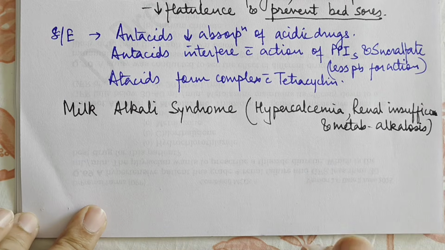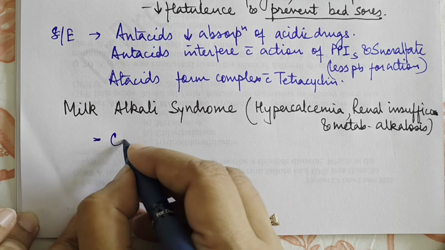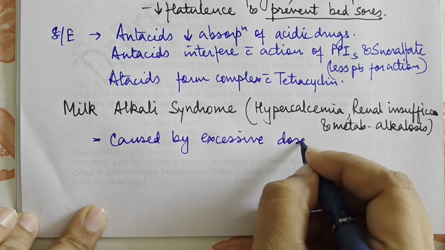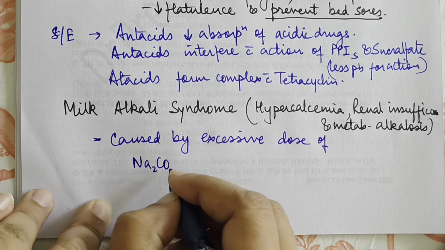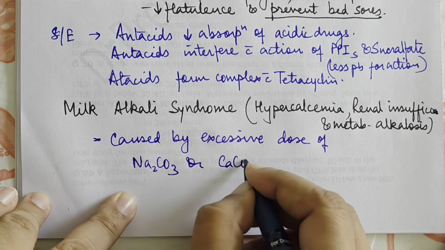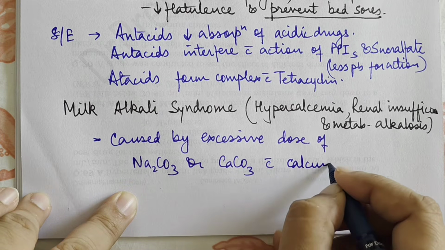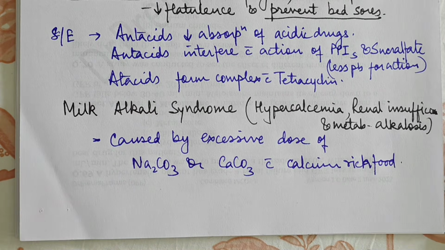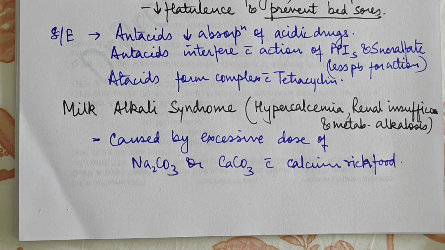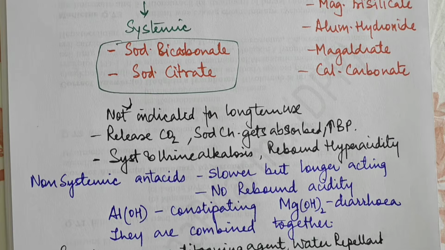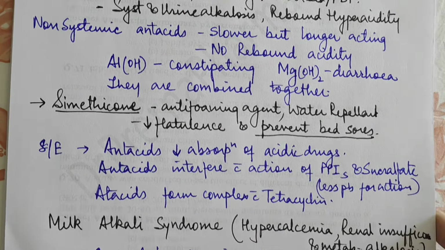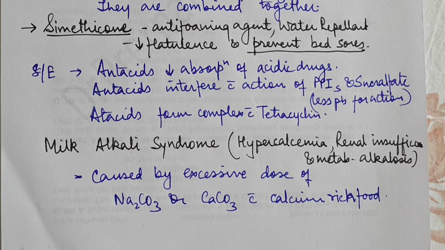It is caused by an excessive dose of sodium carbonate or calcium carbonate with calcium rich food. So this is all about the antacids. We have to know the classification, then the constipating and diarrheal agents and simethicone, then the side effects of antacids and milk alkali syndrome.